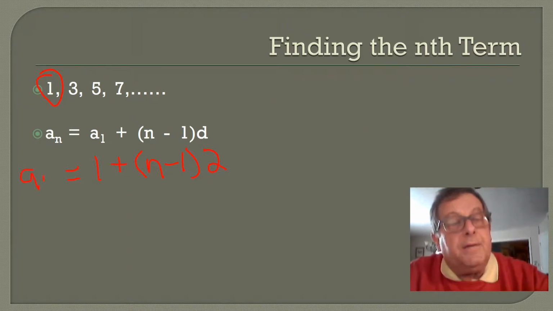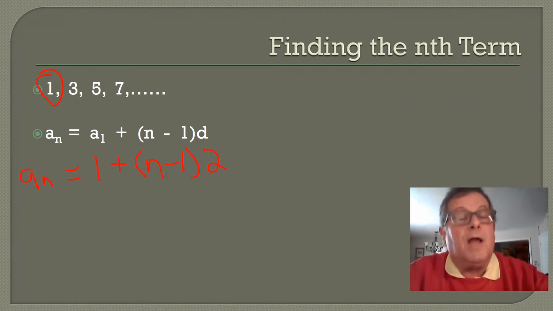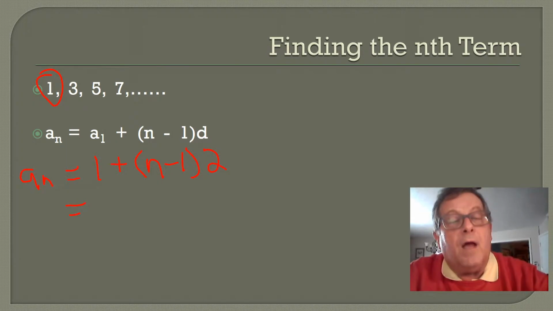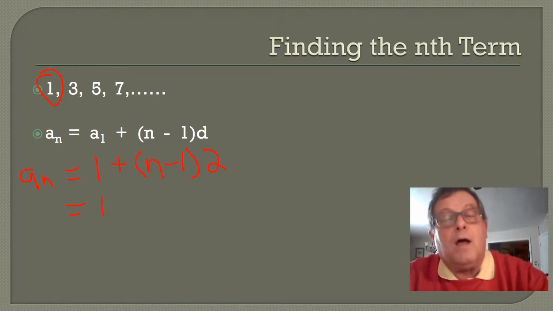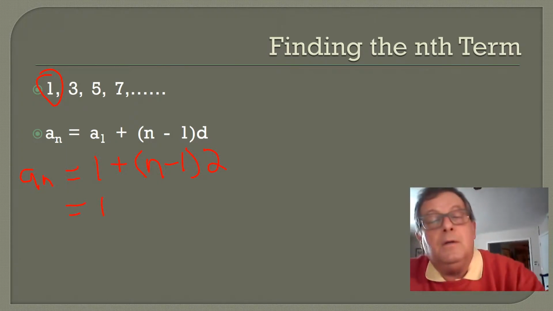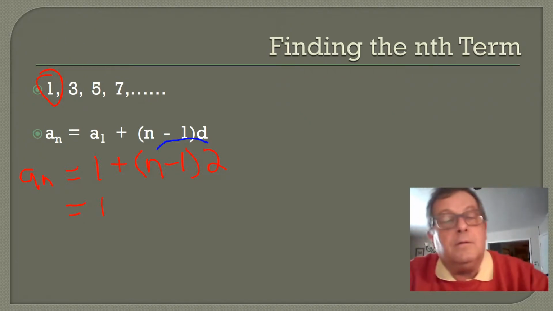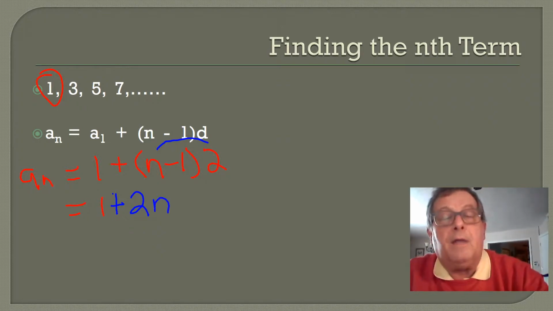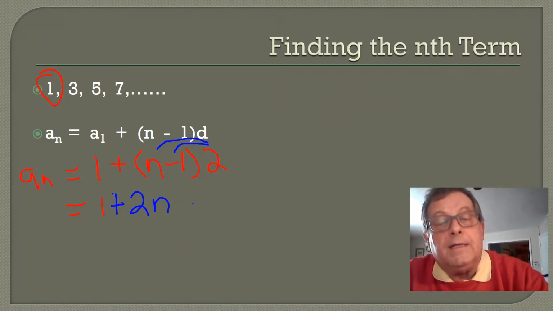So we've got a sub n. This is going to allow us to find any term in the sequence. And so we've got 1 plus, well, I'm going to distribute that 2 to the n. So now we've got plus 2n, 2 times n. And I'm going to distribute this 2 to the negative 1. 2 times negative 1 is negative 2.